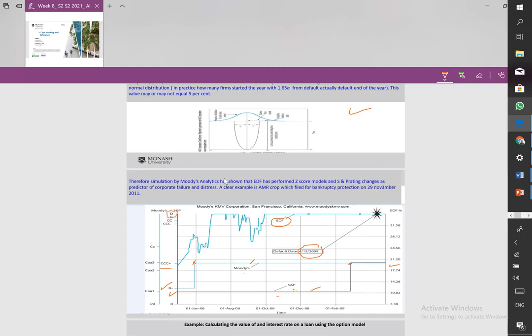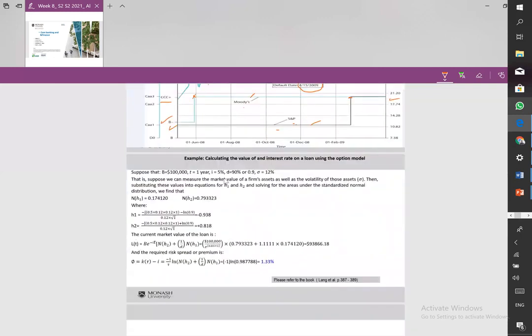So actually, if you follow this, you see EDF already expected them to default from October 2008, and they continue with this ranking until it actually defaulted. So the option pricing model is very accurate compared to the methodologies of Standard & Poor's and Moody's. That's all.